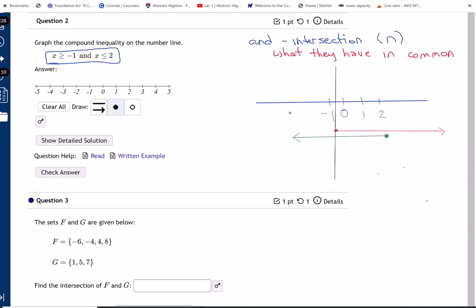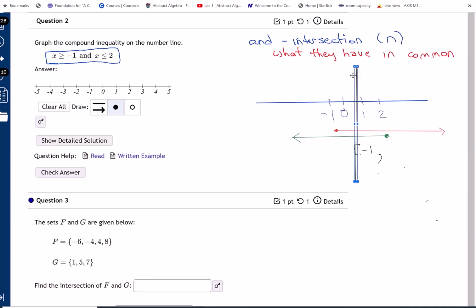So in interval notation, I have closed bracket. I start at -1. And where do I go to? Let's grab our line. And I'm looking down at the red and green.